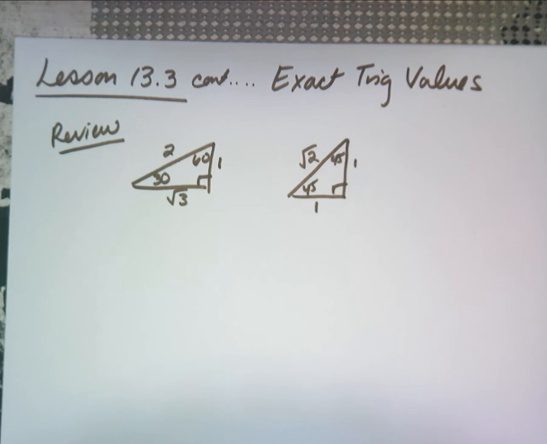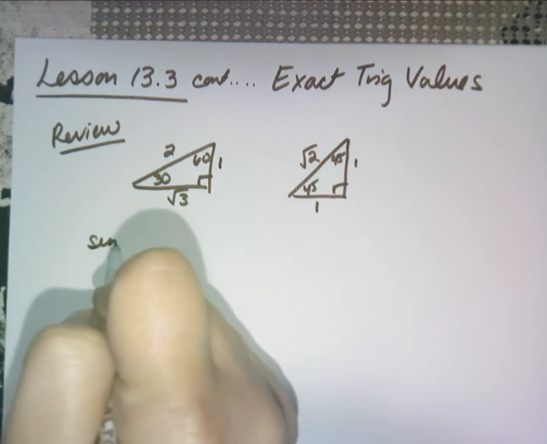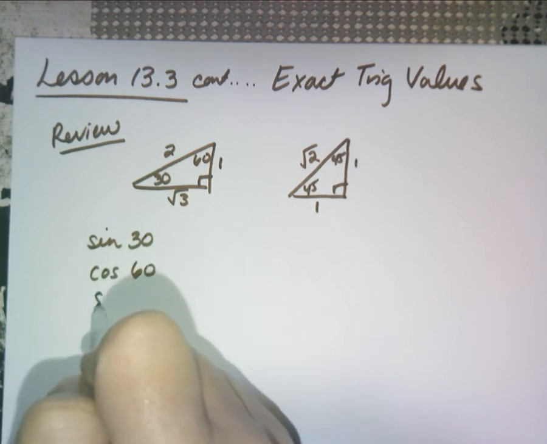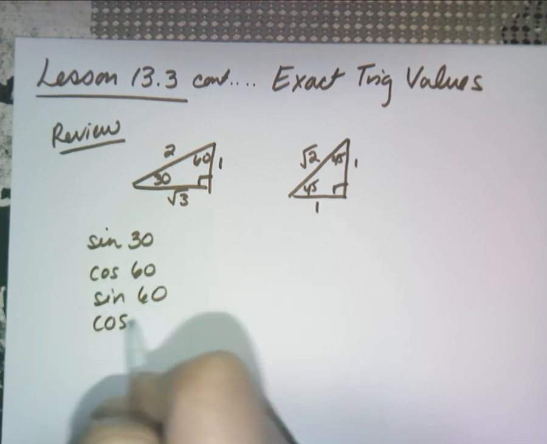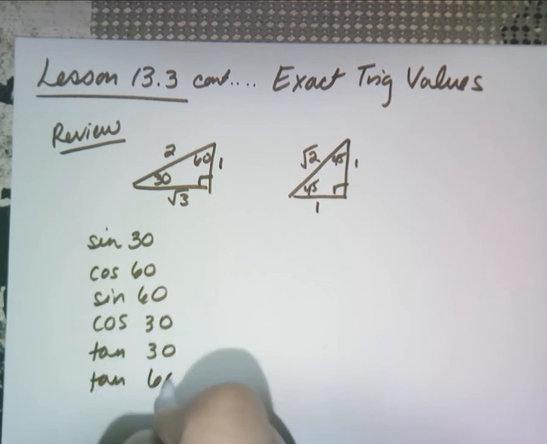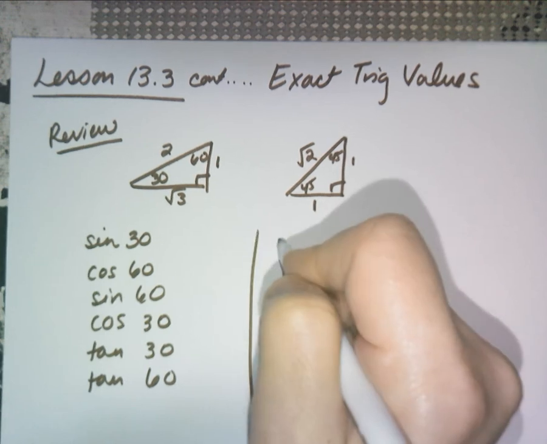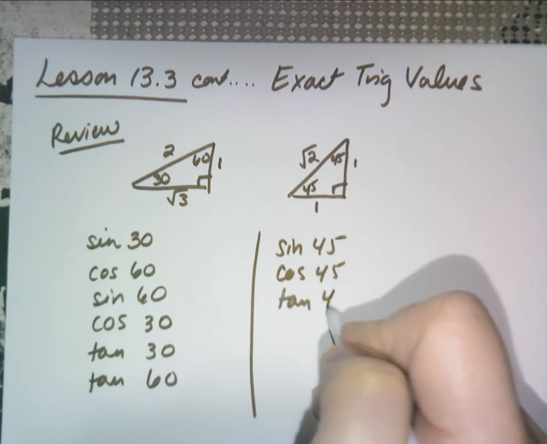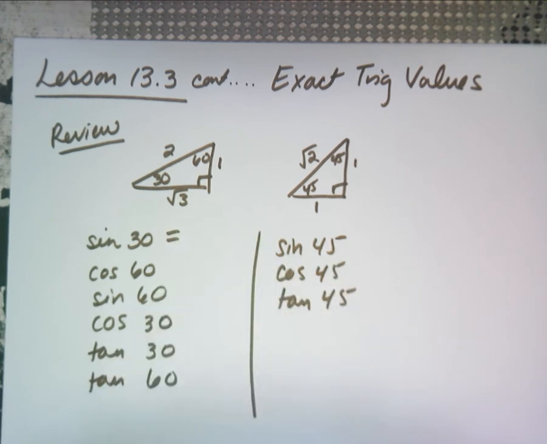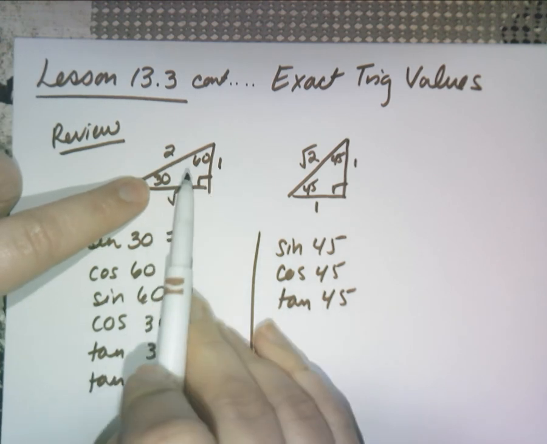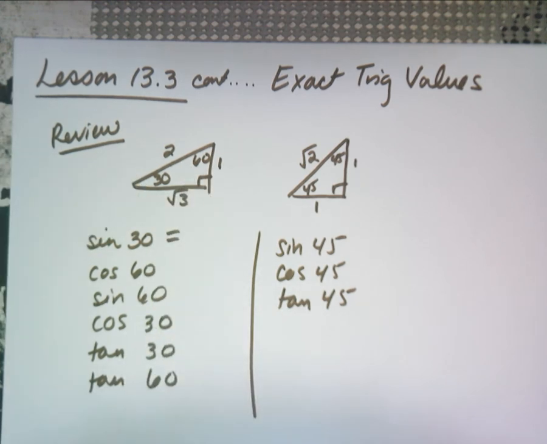Okay, so if I were to say to you now, find the sine of 30, the cosine of 60, the sine of 60, the cosine of 30, the tan of 30, the tan of 60, and then we'll do some 45s. Sine of 30: if you're standing at 30, sine would be what over what? 1/2. That is the exact trig value of sine 30.